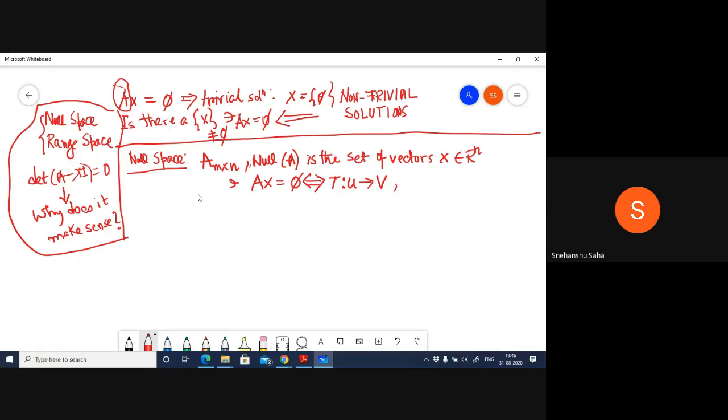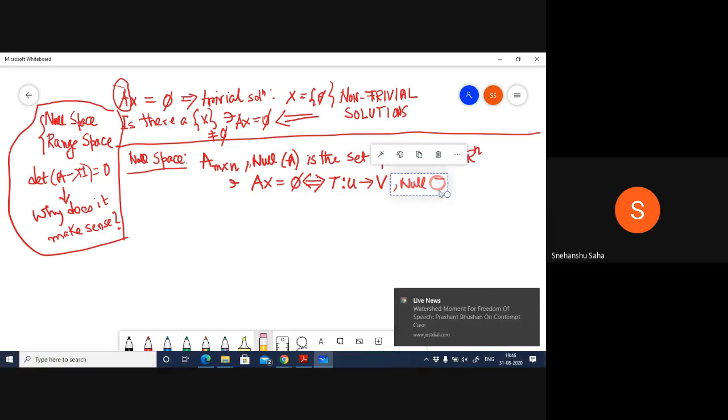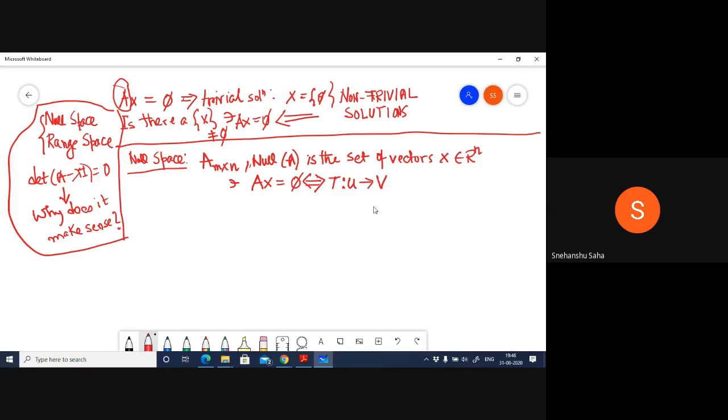Then the null of T is nothing but the null of A. The null of T is the set of vectors that T maps to 0.